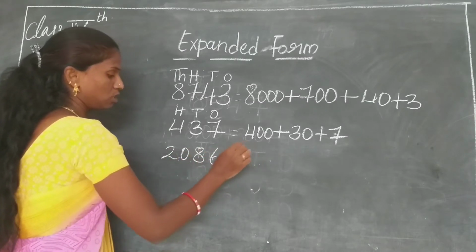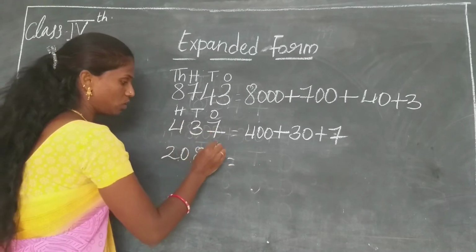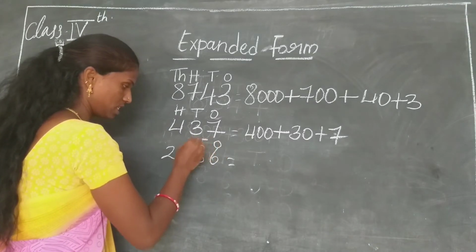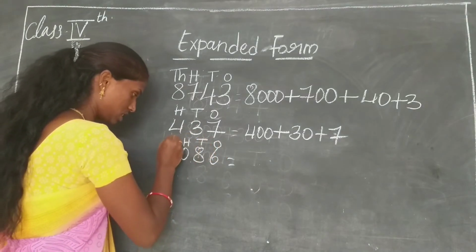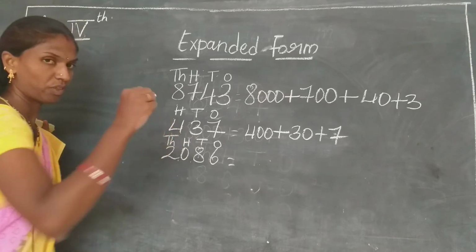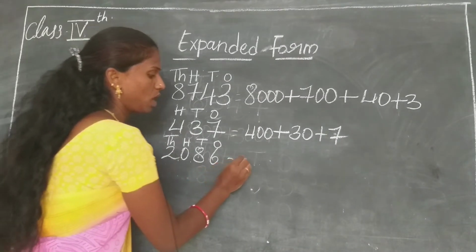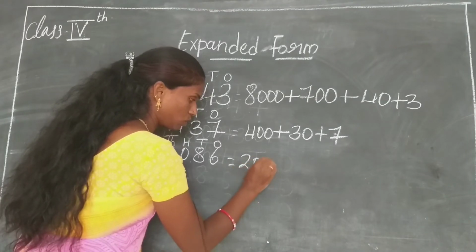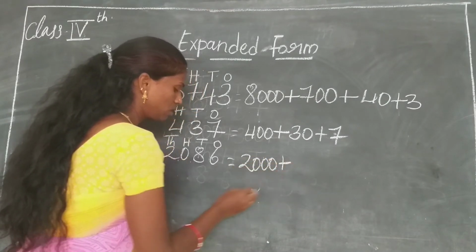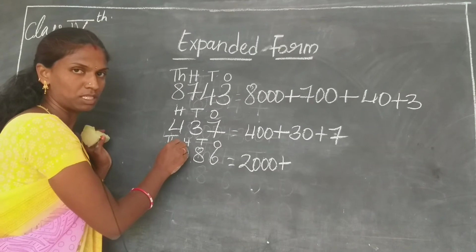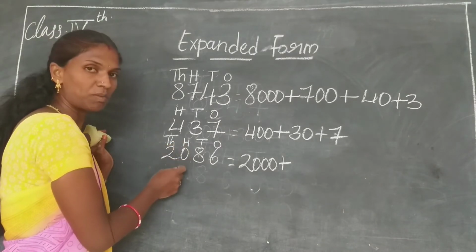2086. So here again we have to write the place values: ones, tens, hundreds, thousands. So 2 is in which place? Thousands place. So we have to expand 2 as 2000 plus. So here 0 is in the hundreds place. 0 means nothing.